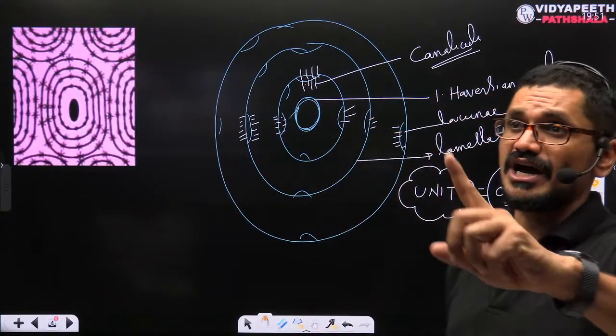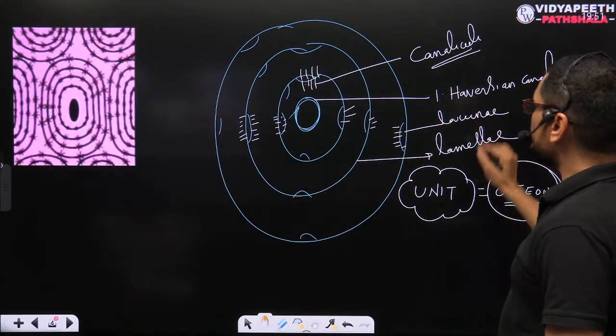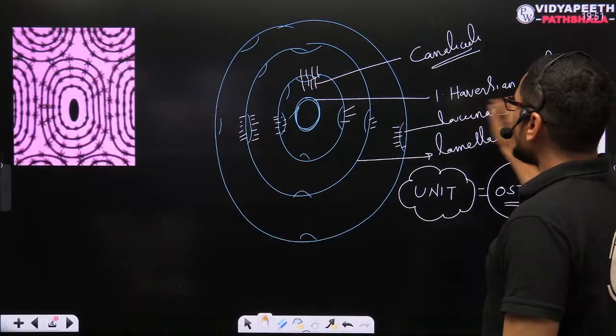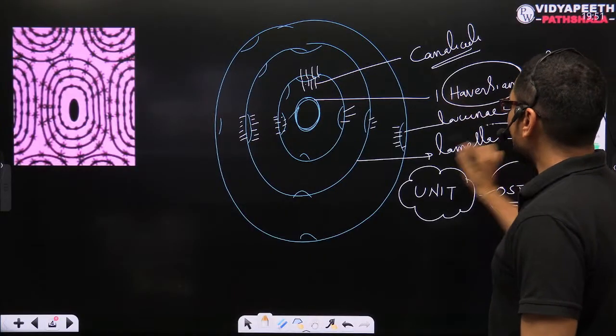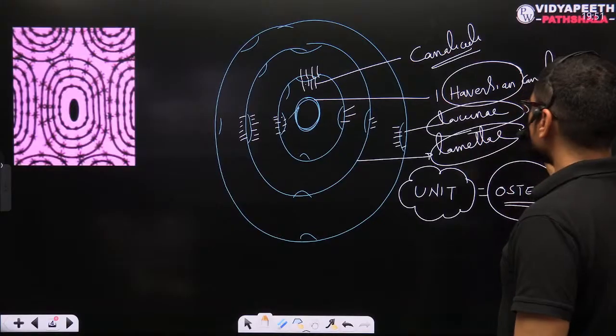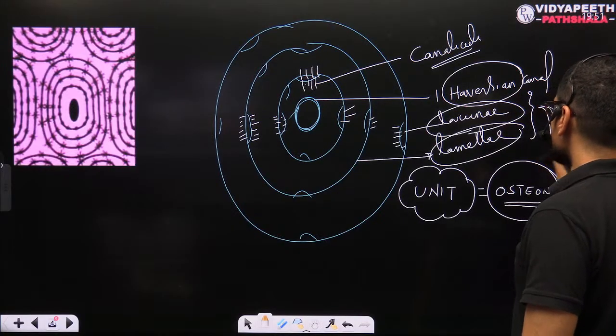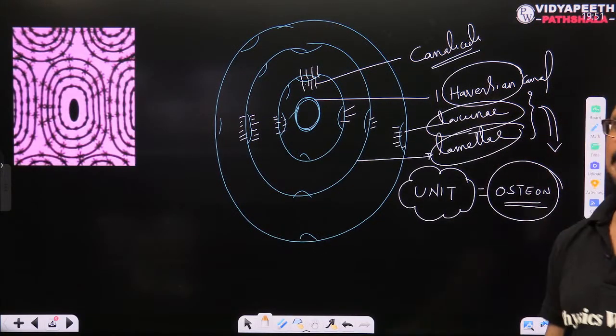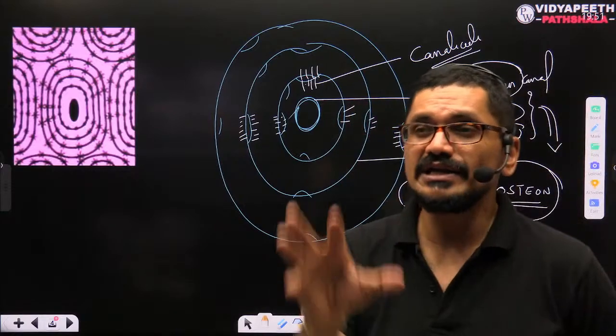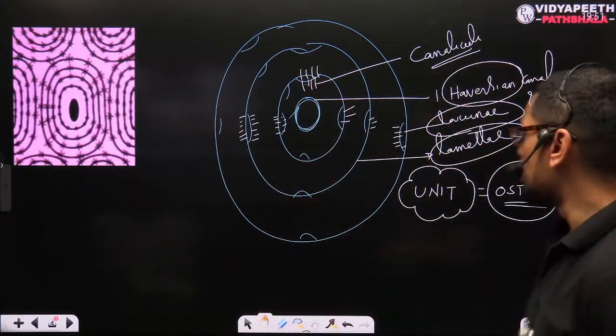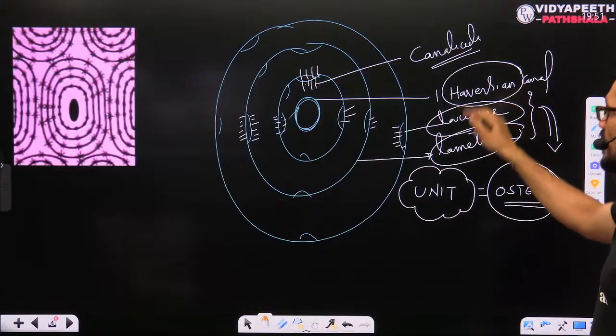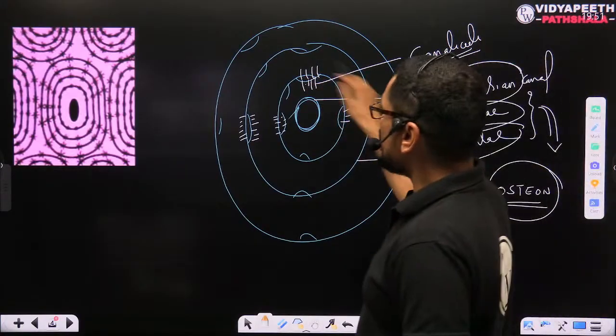What is osteon? Osteon is formed by one Haversian canal, lamellae, and lacunae. These three form the osteon. This is very important from the examination point of view.